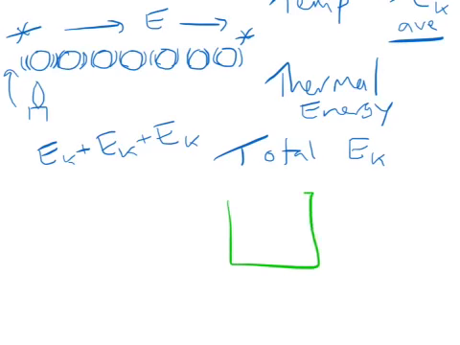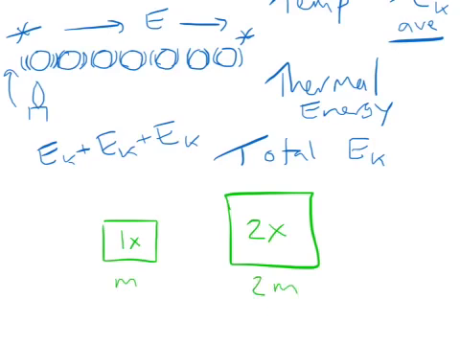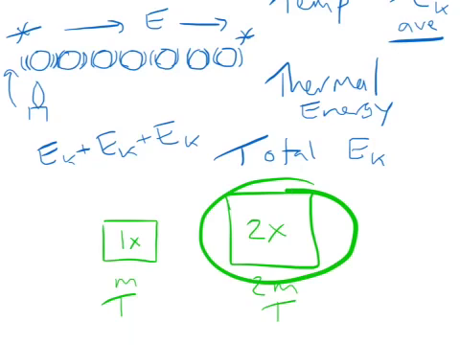So if you've got a piece of metal that is 2 times larger than another piece of metal, this might be m and 2m, and they're at the same temperature, so the temperature is the same. Therefore, the one that's twice as large has a greater thermal energy because the total number of particles is greater, but they both have the same average kinetic energy for their particles. Okay, that's cool. We'll move on to convection.